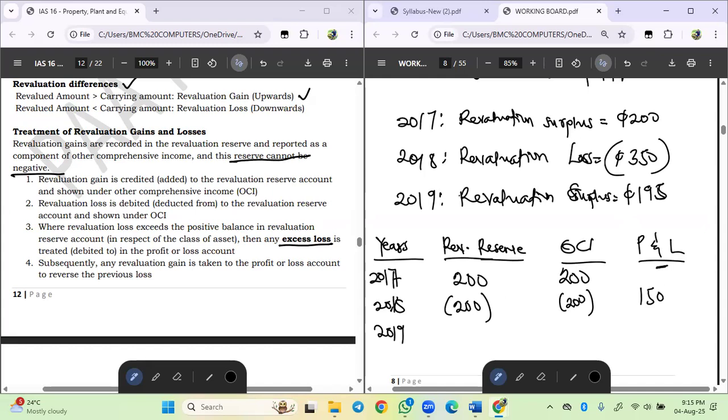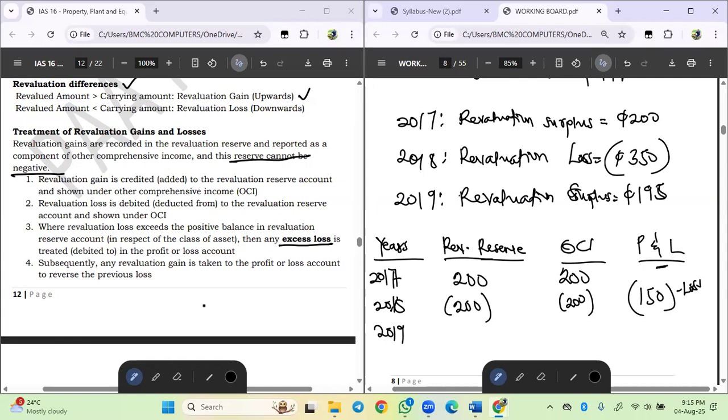That 150 will be sent to P&L as what? Loss. That's why we said that any extra will be debited to, or treated in, the profit or loss account.